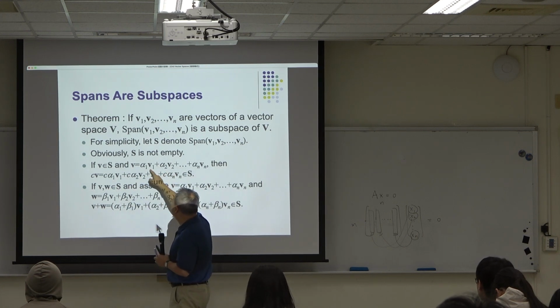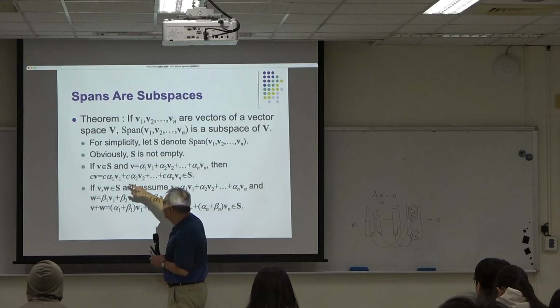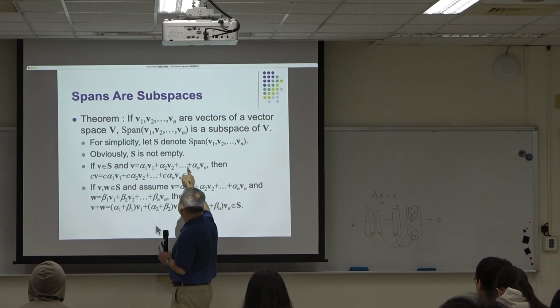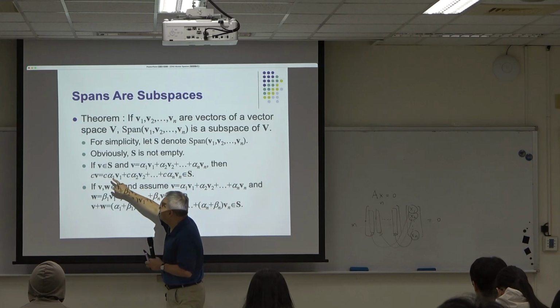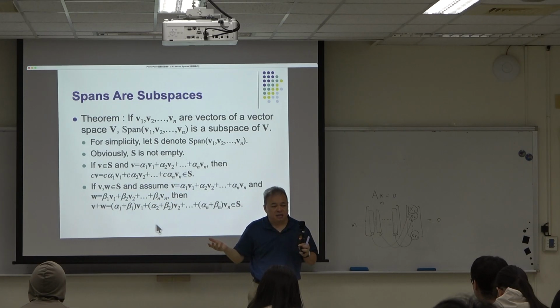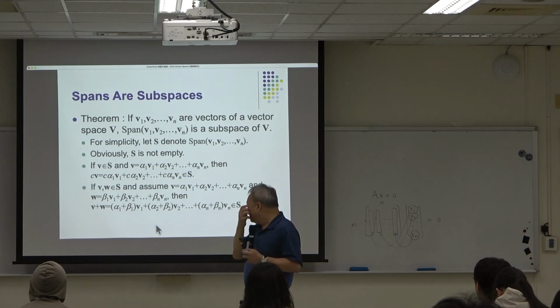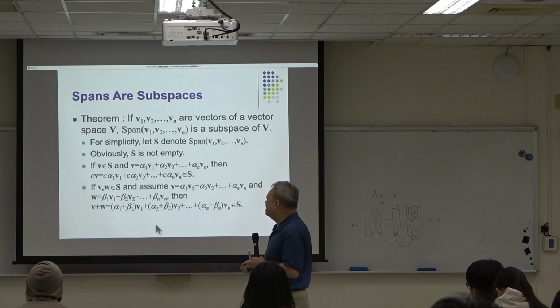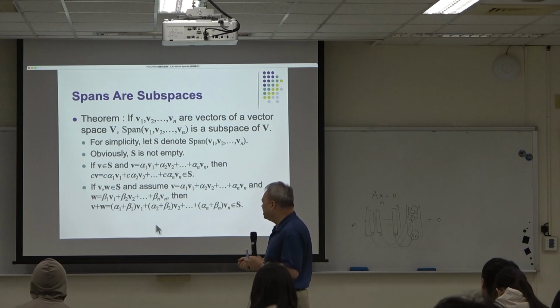Basically we just multiply everything by the constant c. Originally we have alpha 1, alpha 2, up to alpha n. Now you have c alpha 1, c alpha 2, and so on up to c alpha n. That's it.